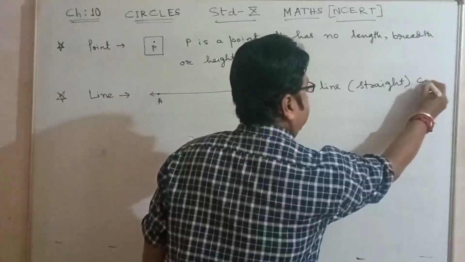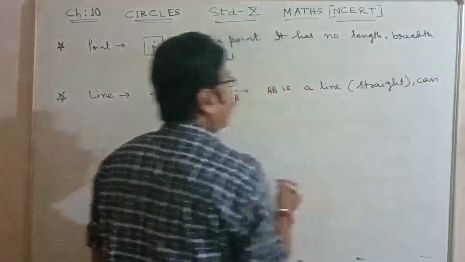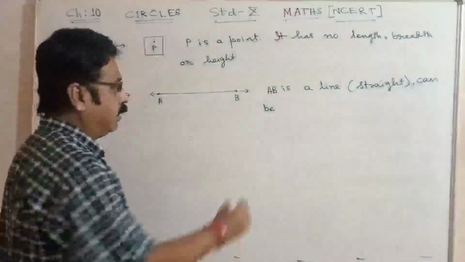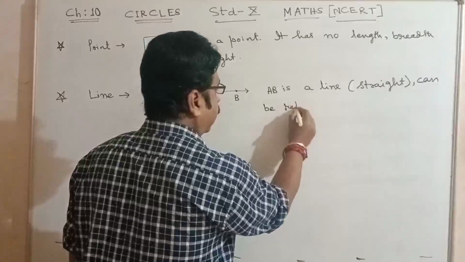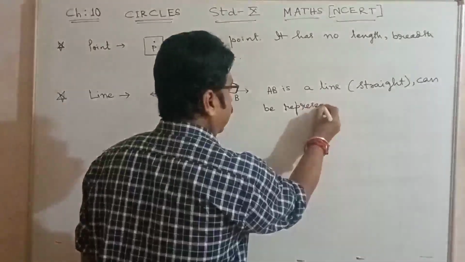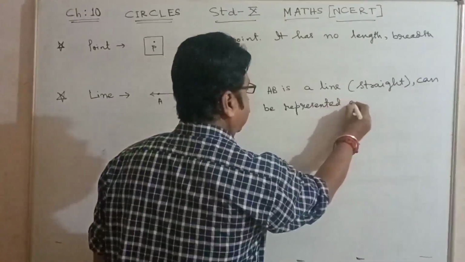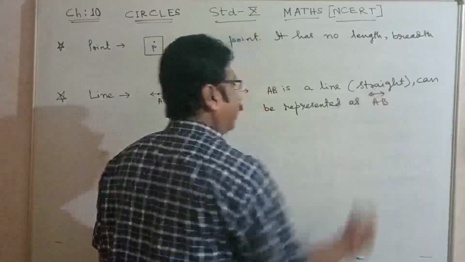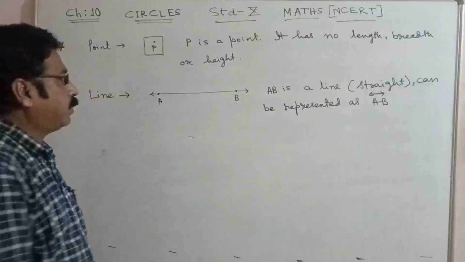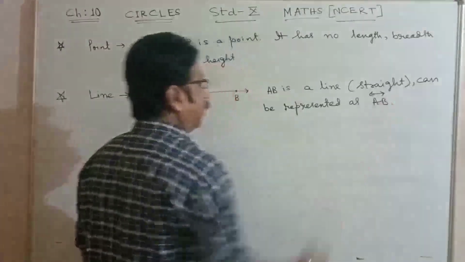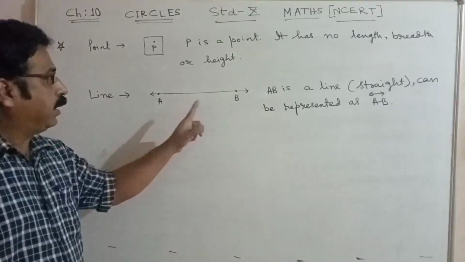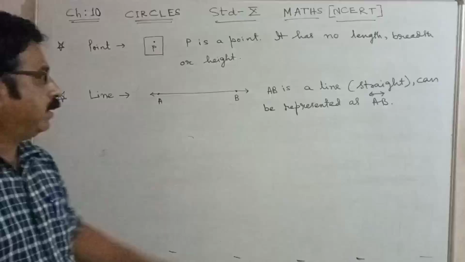It can be written or represented as AB. AB is a line or straight line.